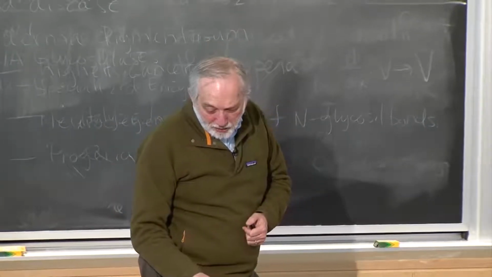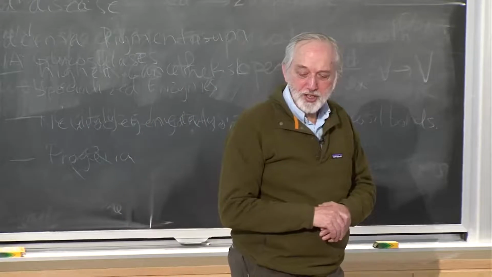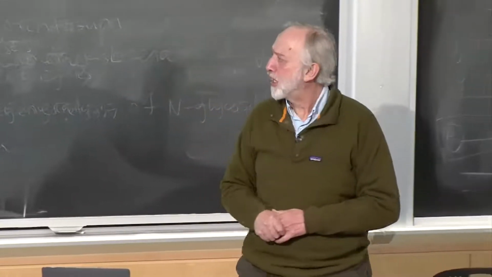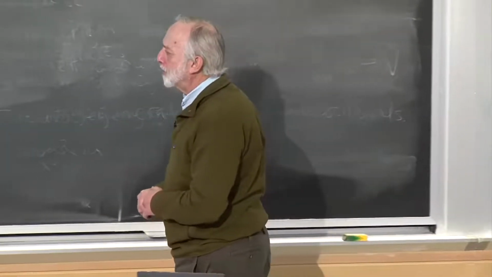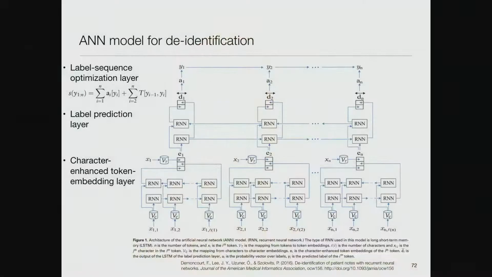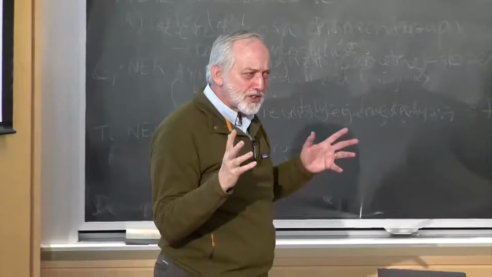Another interesting example, to return to the theme of de-identification, is that a couple of my students a few years ago built a new de-identifier that has this rather complicated architecture. So it starts with a bidirectional recursive neural network model that is implemented over the character sequences of words in the medical text. So why character sequences?